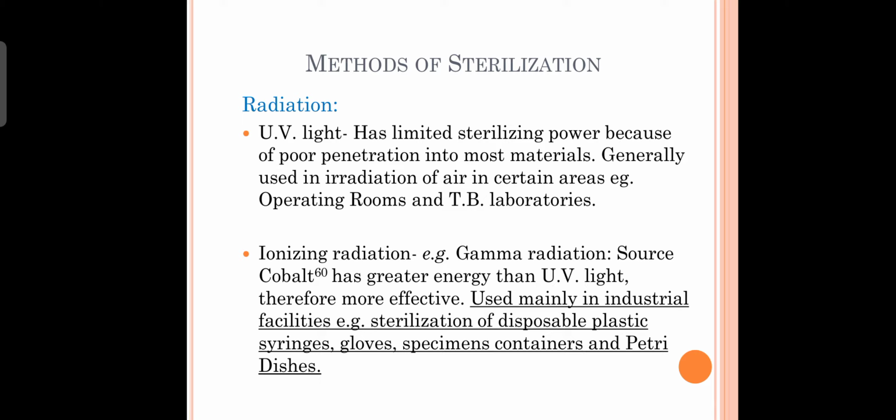The next one is ionizing radiation. The example is gamma radiation. It is a source of cobalt 60 and it has greater energy than UV light. So it is more powerful than UV light and therefore more effective. It is used mainly in industrial facilities, for example sterilization of disposable plastic syringes, gloves, specimen containers, and petri dishes.